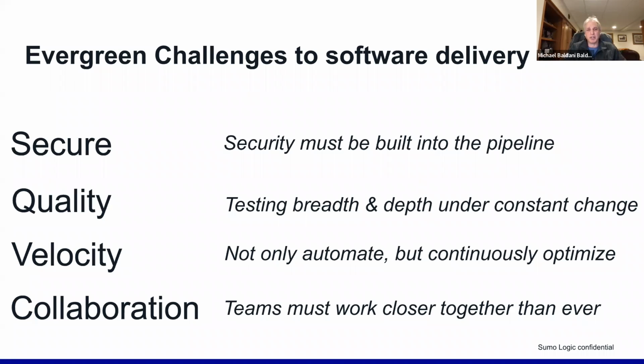And then lastly, just collaboration in general. Today, especially, you've got teams working all over the world. They are working on different parts of an application and different components. They may be doing things a little differently.